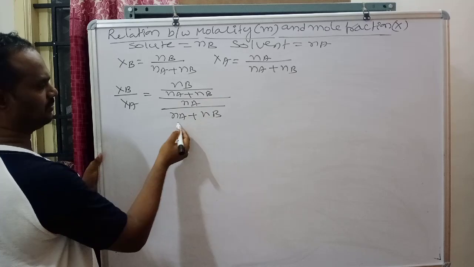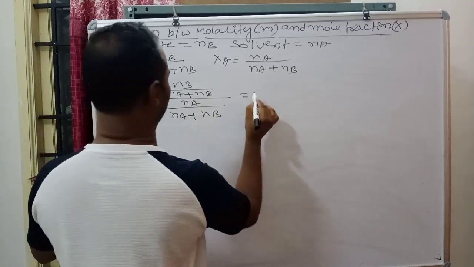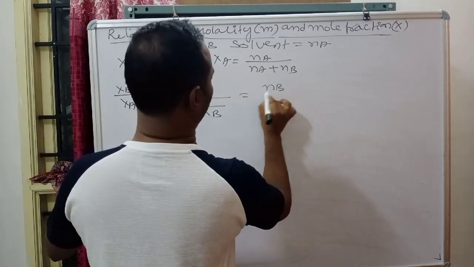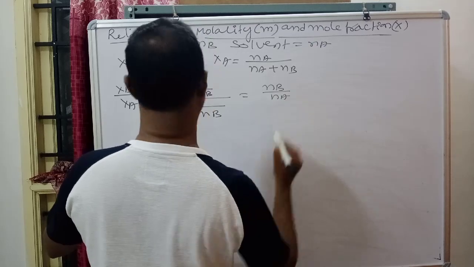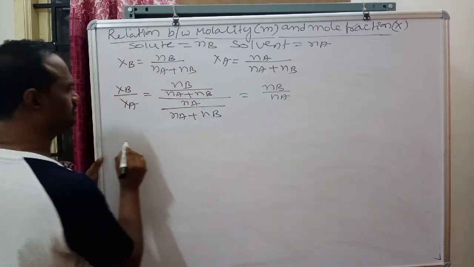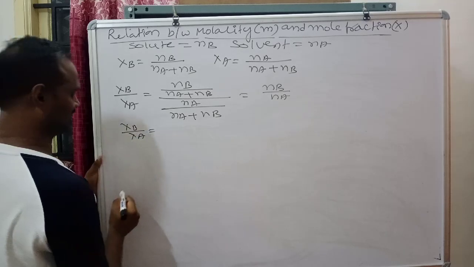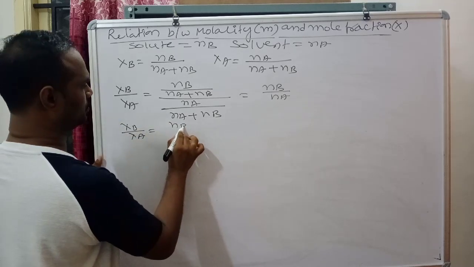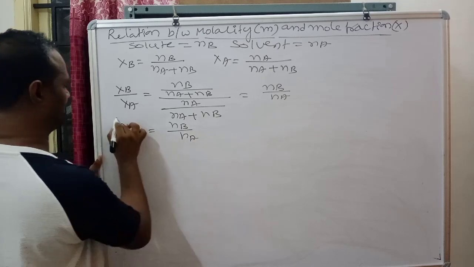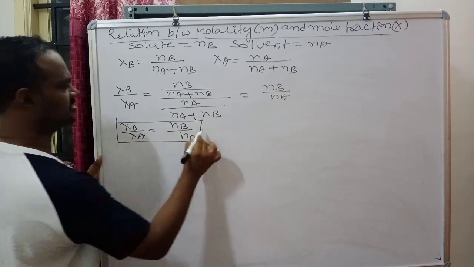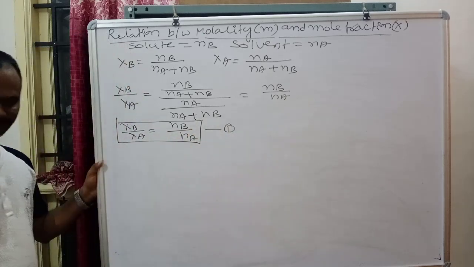NA plus NB and NA plus NB cancel. Therefore, what you are getting is NB by NA. Write XB by XA is equal to NB by NA. This is considered as equation 1.